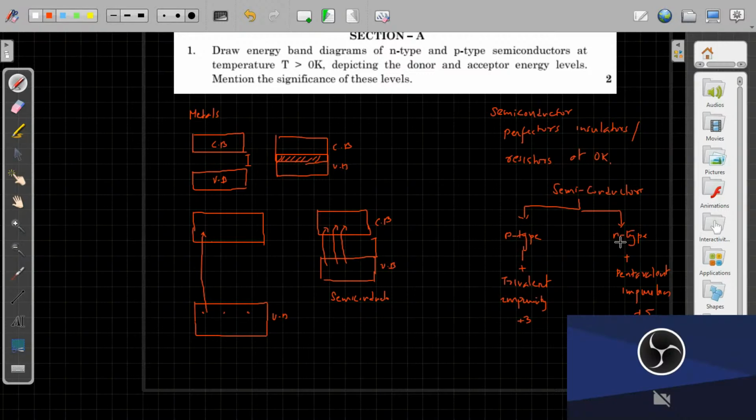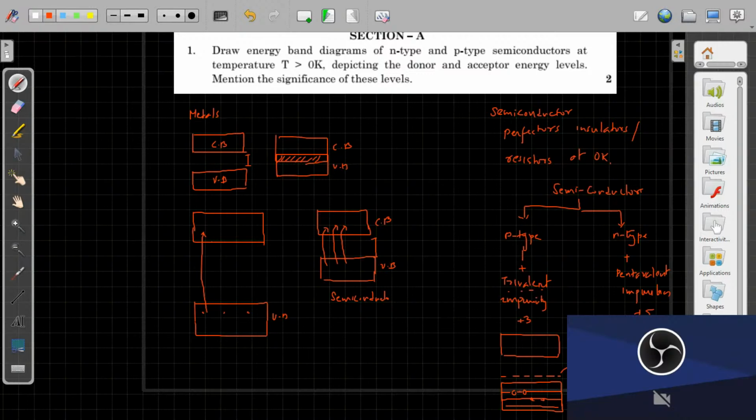Now in case of p-type and n-type semiconductors, when we add trivalent impurity, what will happen? These electrons' energy will not be the same as the energy of the semiconductor. So the energy level diagram for a p-type semiconductor will have some holes present here, some few electrons, and there will be one level just above this.